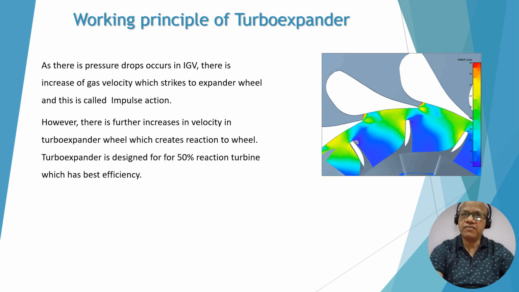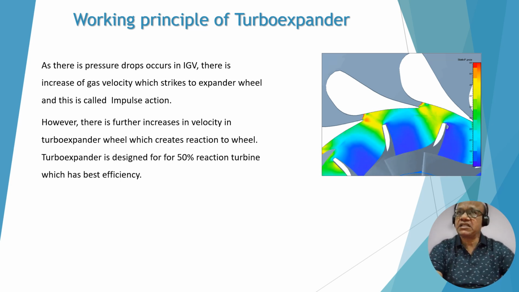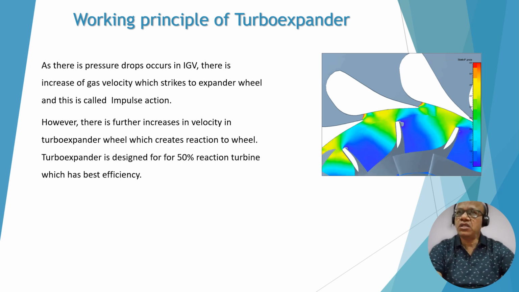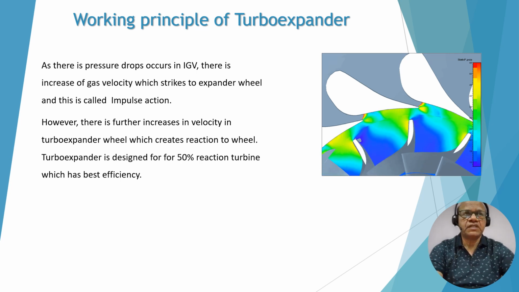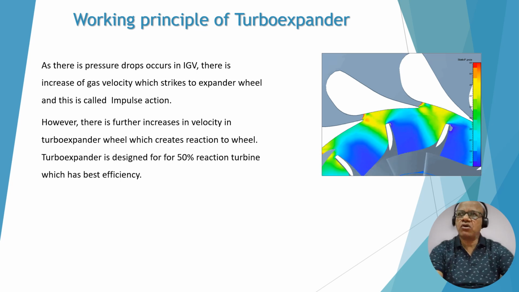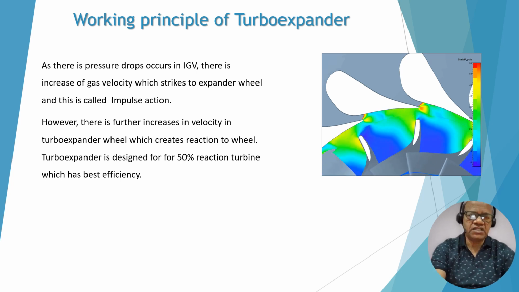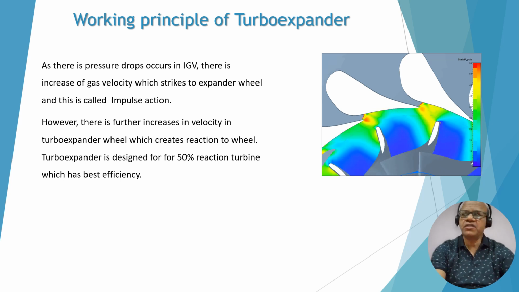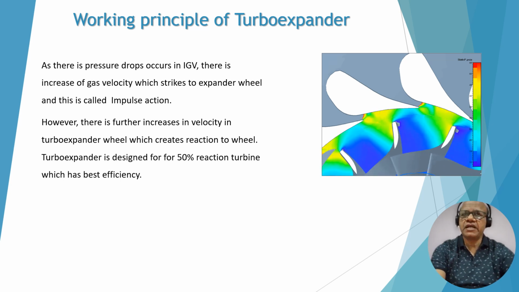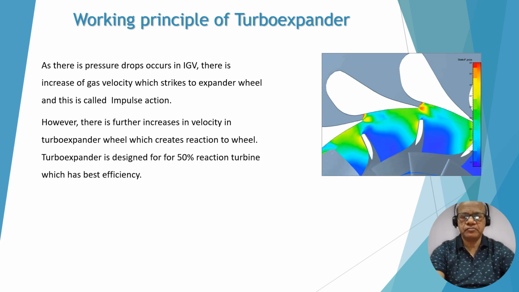So the velocity in the expander wheel is higher than at the inlet, which creates a thrust on the wheel, which is called the reaction, and that is why the expander is called an impulse and reaction turbine. To achieve the best efficiency, it is designed for 50% impulse and 50% reaction, which gives the best efficiency.